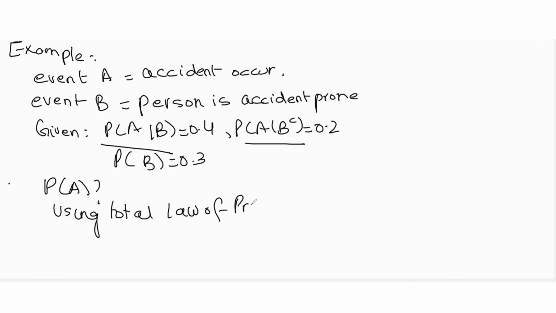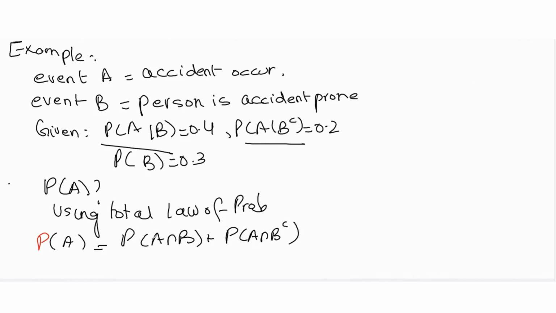because here we want to find an unconditional probability of A by conditioning on mutually exclusive and collectively exhaustive events B and B complement, probability of A can be written as probability of A intersection B plus probability of A intersection B complement.